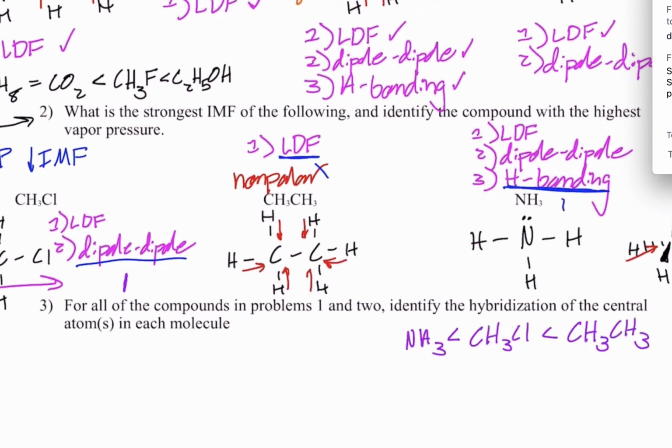So you have to know, okay, my weak intermolecular forces, they're going to evaporate very easily, so that's going to cause the vapor pressure to increase. Okay, are there any more questions over 2 before we move on?